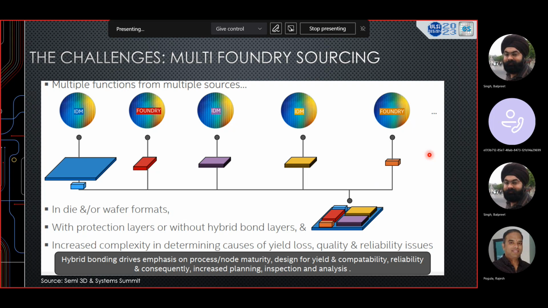This is where we need to create work models and standardization of things. Let's say today I'm developing hard IP and delivering it to a customer. They're going to pick it up. I'm delivering standard models and standard documentation so that they can integrate it, verify it and do a tapeout. Those kinds of standards have to come into the chiplet ecosystem as well. That's a critical point I want to highlight.